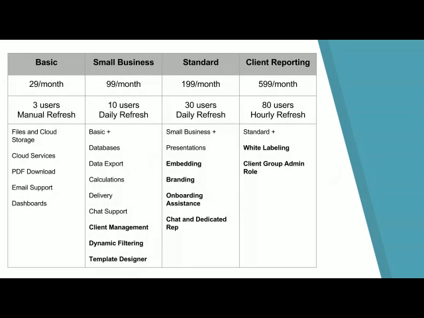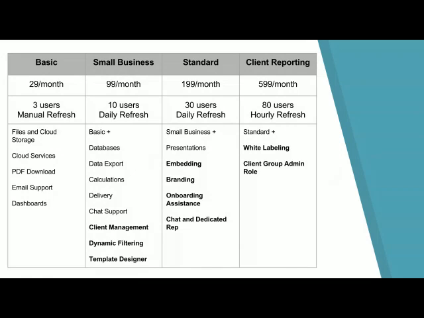Also, for a long time, we've had two user types. Many of you might not have known that because it was kind of hidden. If you wanted to add clients, we had a separate user type called clients. So there were internal users and external users, and there were actually two user pools. You needed to buy client seats and user seats. We're getting rid of that because it was too complicated.